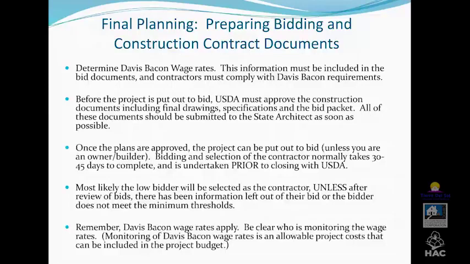We've put it to bid, and these will likely adjust. In this case, we're hoping not adjusting too much because we're at the $3 million cap, and if we go above that, we've got to find another source of funds before we can close on the USDA financing.